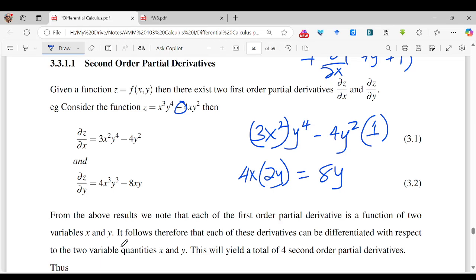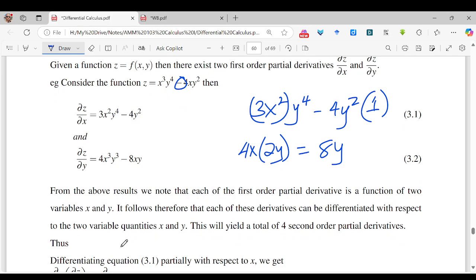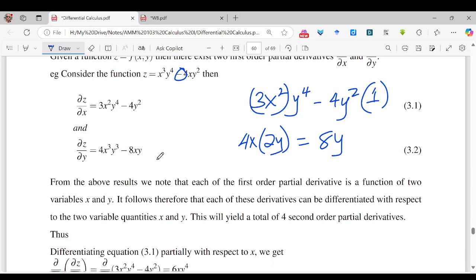Now, from these results, we note that each of the first order partial derivatives obtained here is also a function of two variables, x and y. So it follows, therefore, that each of these derivatives can be differentiated with respect to the two variable quantities, x and y. And this should yield a total of 4 second-order partial derivatives.